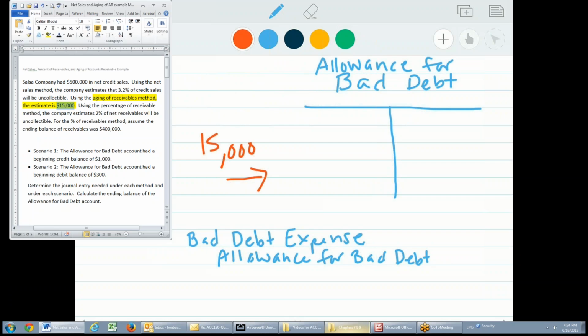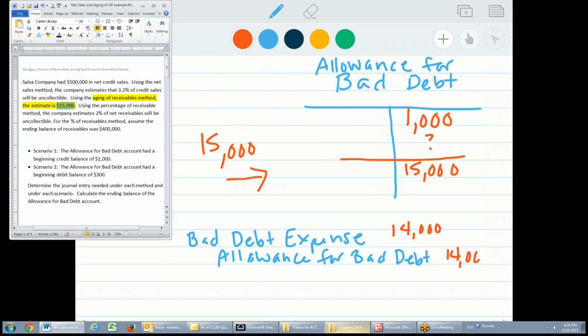Then we have to look at what was the beginning balance in the allowance account. In scenario 1 that we've been working with previously, we assumed that the beginning balance was $1,000. So if my target balance or desired ending balance is $15,000, how would we get from a $1,000 credit to a $15,000 credit? I would subtract 1,000 from 15,000 and get 14,000.